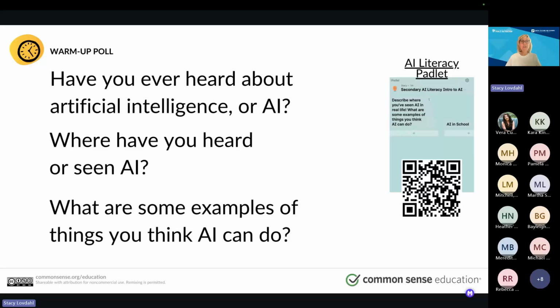So rather than just saying that and moving on, I thought it would be a good idea to have kids actually do a poll. Have they ever heard about AI? Where have they heard about it? Because it's pretty early on. And like we heard from Savannah, she hadn't even heard about it and had been calling it the wrong thing all year long.